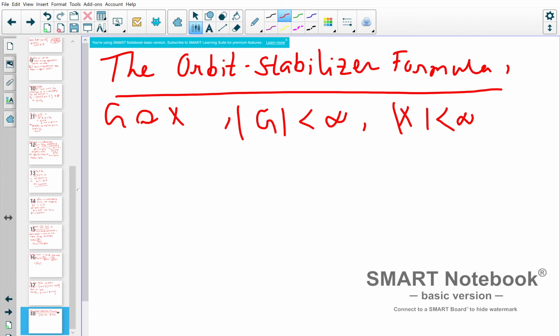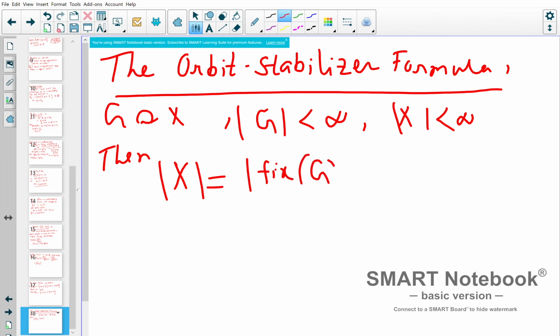So how can you write it down? The number of elements of X is equal to the number of fixed points of the capital G fixed set, plus some nice things. What is the nice thing?